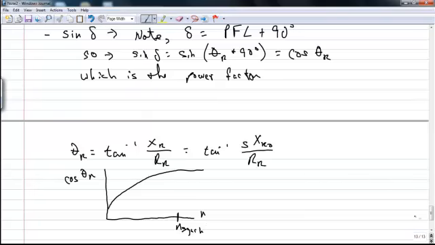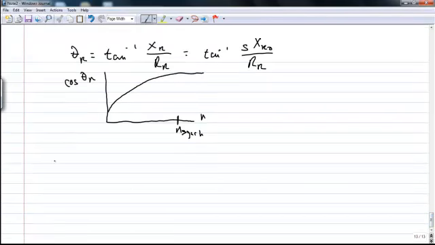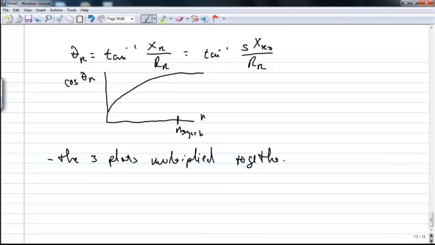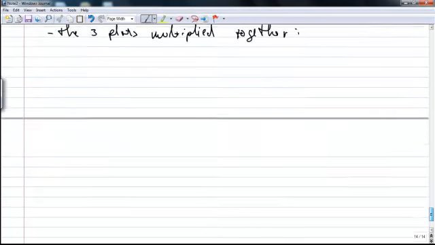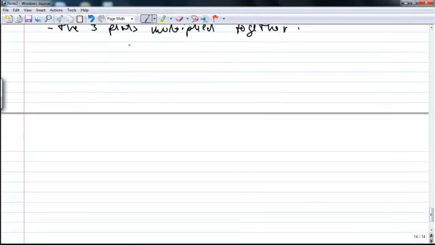And if we took these three plots and multiplied them together, we would get the torque speed characteristic, which looks like this. We have our synchronous speed.